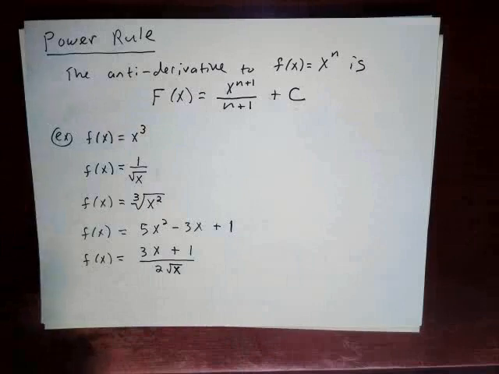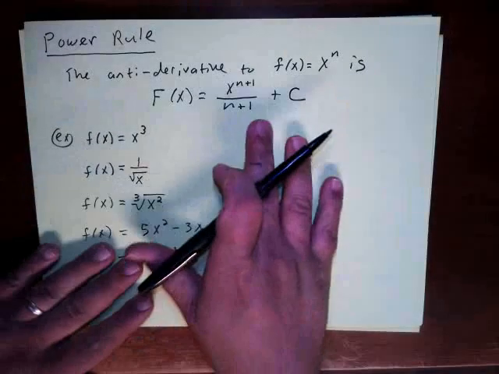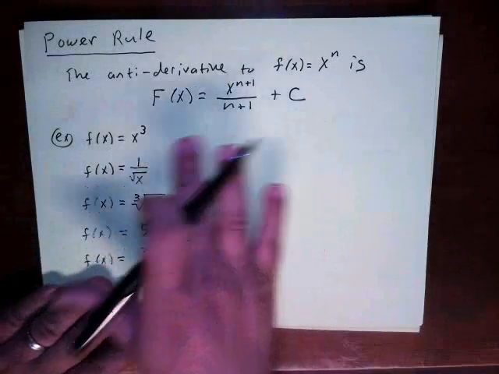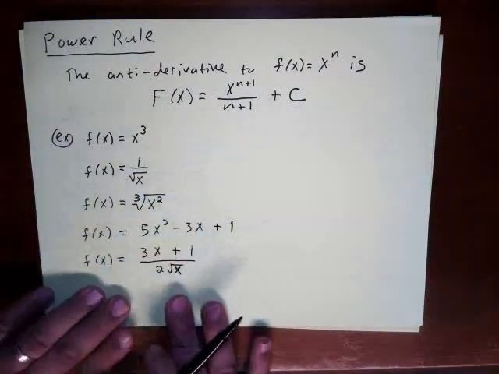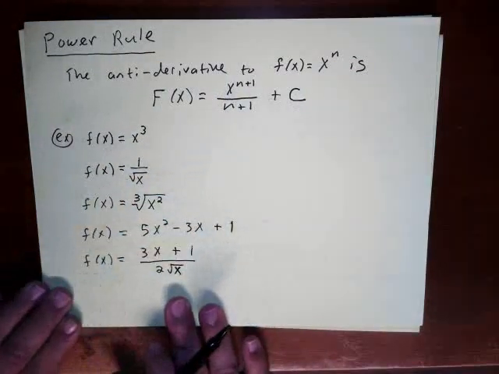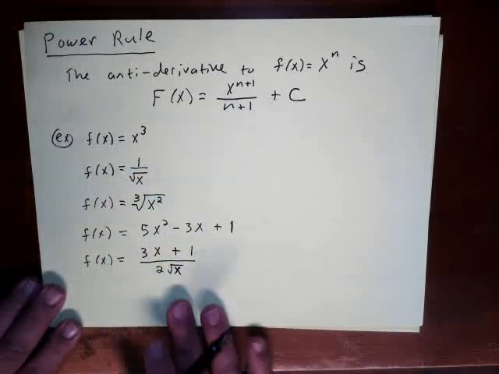So when you actually do applications, that plus c is important, and we'll see in the next video why it is. Okay, so now let's use this power rule to do some ones that are fairly complicated, but we can do them.